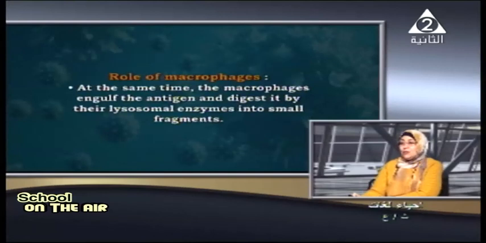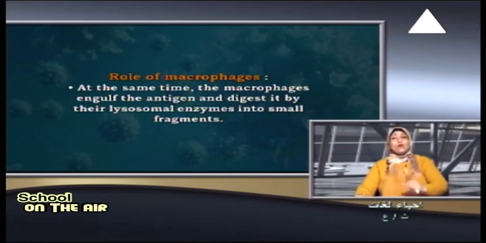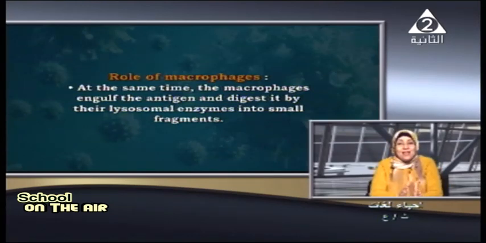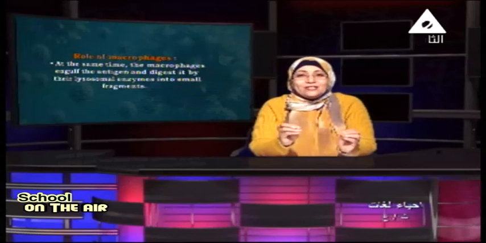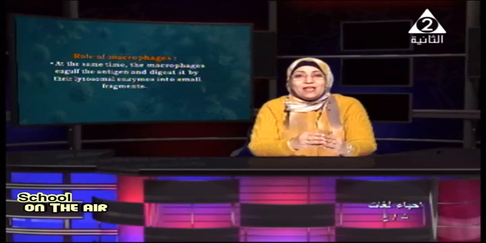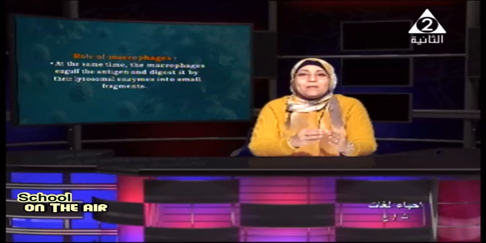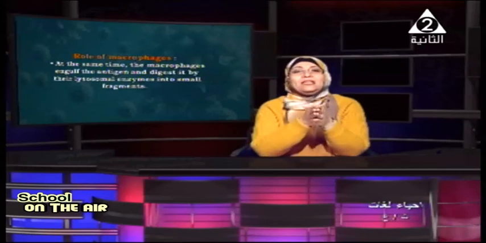What is the role of the macrophage? Macrophages at the same time engulf the antigen and digest it with their lysosomal enzymes into small fragments. You know that inside each cell there is a structure called the lysosome, and it is found in large quantity in white blood cells.